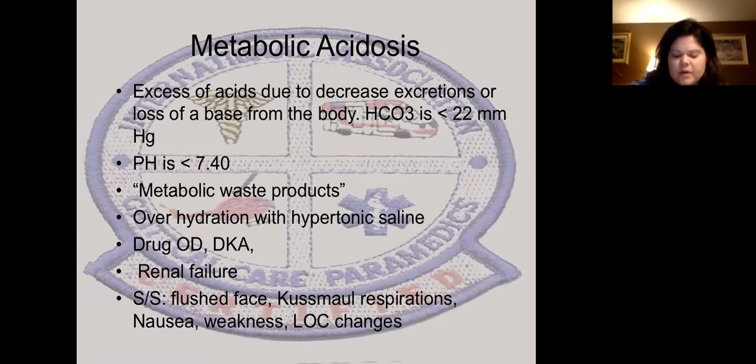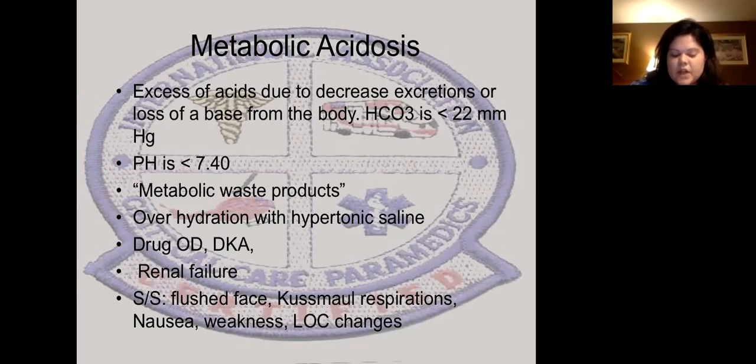So we just have to remember for every change of 10 mEq of bicarb, there's a change in the pH of 0.15 in the same direction. So again, some of those causes: the lactic acidosis, the keto, which you're going to be seeing with your DKA patients. We need to be able to identify what those patients look like and how to treat them.